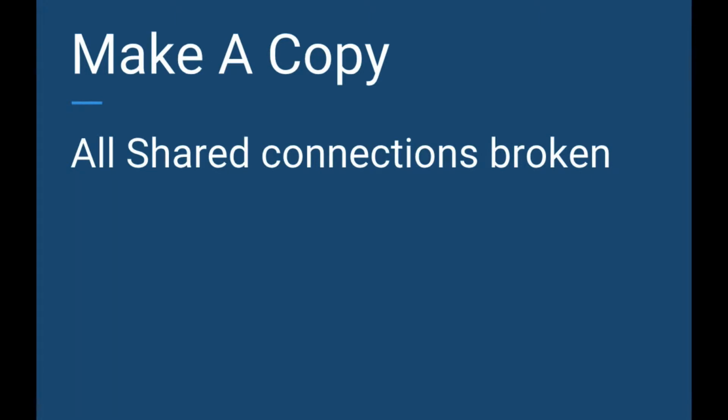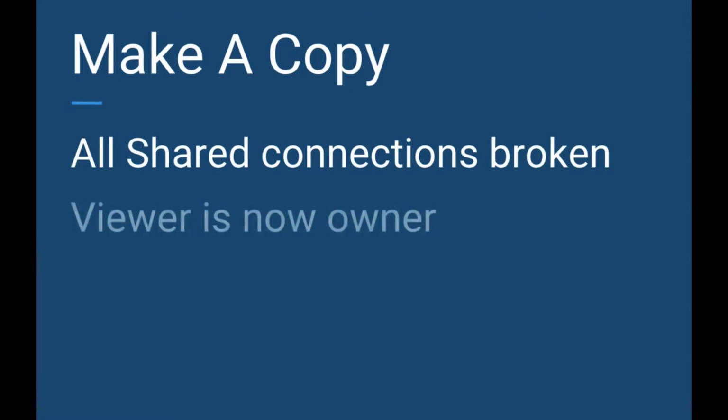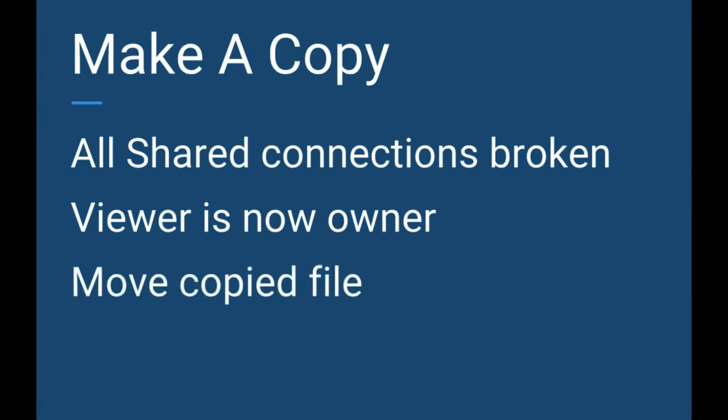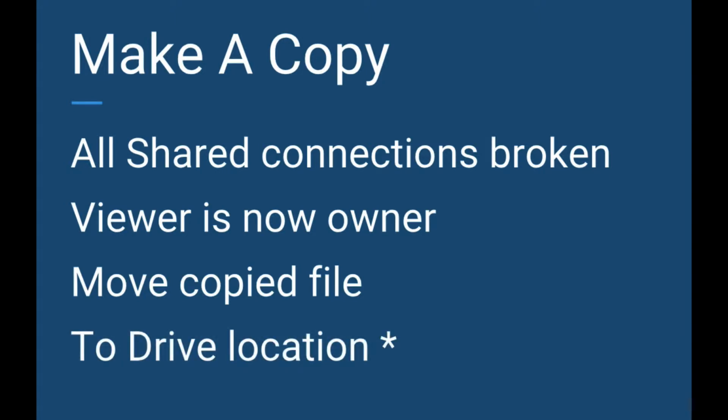Everybody who had a shared view of that file at any level, all those shared connections are broken. The viewer is now the sole owner. Then most of the time, people move that copied file to a drive location. And that little asterisk means that you still have another ace up your sleeve.